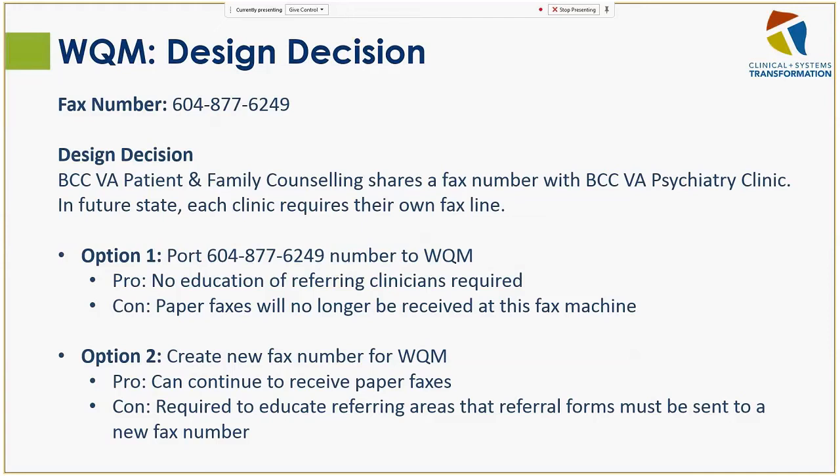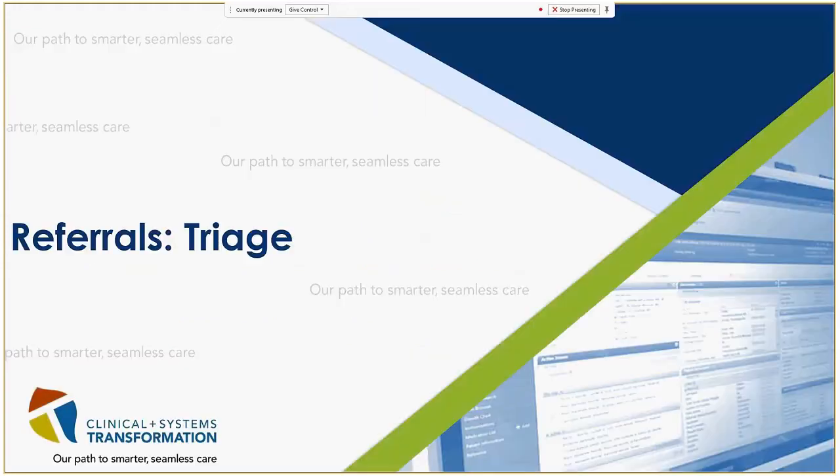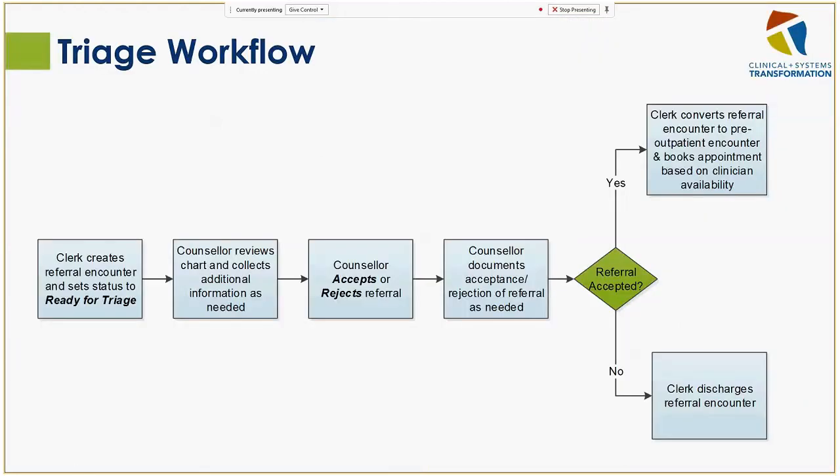Okay. Let's go on to referral triage. Typically in clinician clinics or allied health clinics, this is the triage workflow that is used. The clerk creates a referral encounter and sets the status to ready for triage.